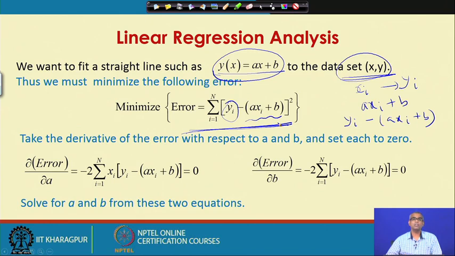So, the question now is to find values of a and b such that the sum of all the squared errors is minimum. This problem is known as the least square problem: finding a and b that minimizes the sum of squared errors for all the observations.